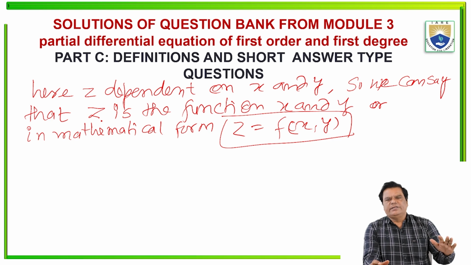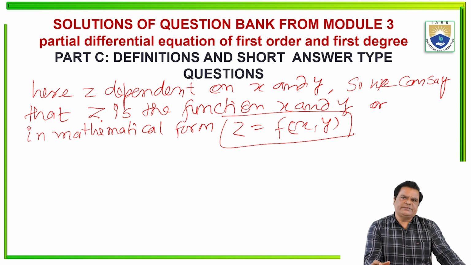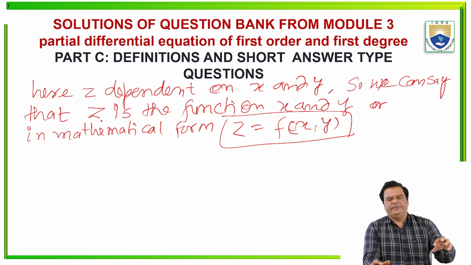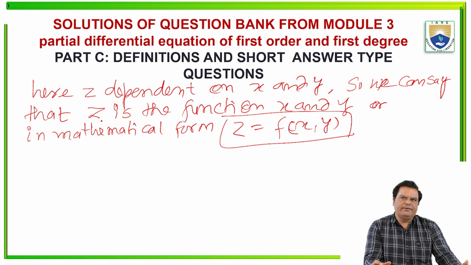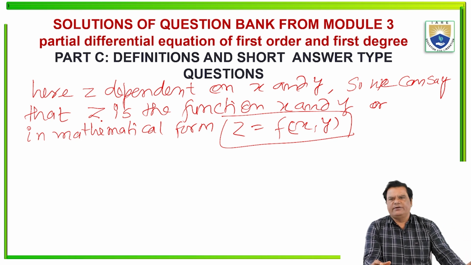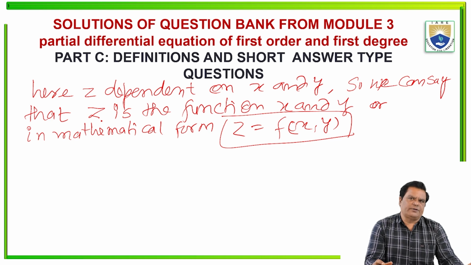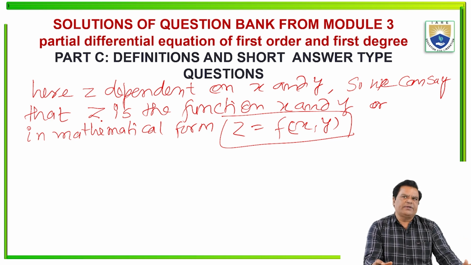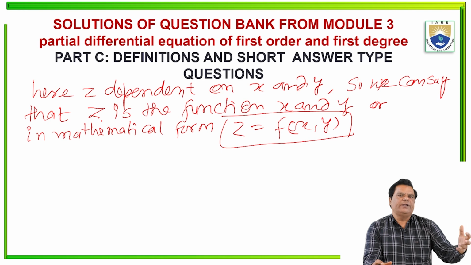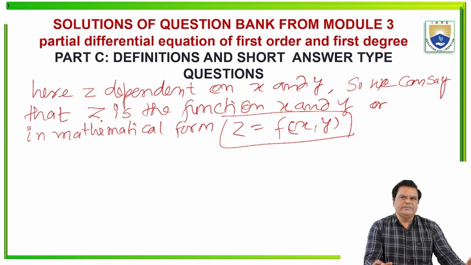In this chapter, there are three variables in a partial differential equation: x and y are two independent variables and z is dependent on x and y. We are discussing only two independent variables. In a general partial differential equation, there may be more than one independent variable.